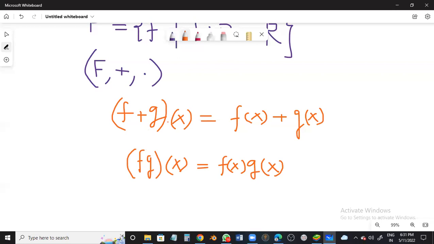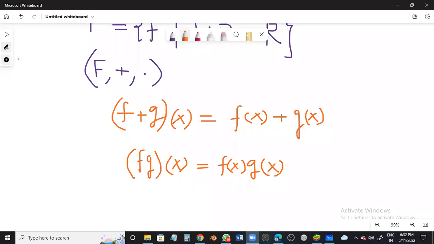We know that addition forms a kind of group because addition is binary, associative. 0 will be the 0 function. The 0 function is the one whose output is always 0. So the 0 function will play the role of additive identity. Talking about the inverse, we know that f plus minus f, so negation of the functional value will be the additive inverse.